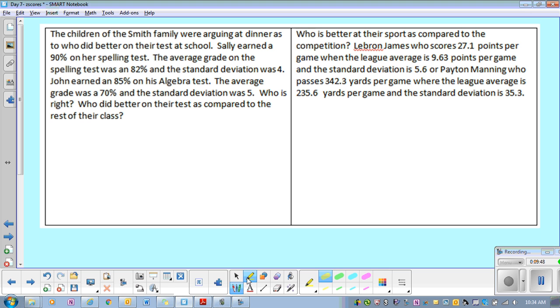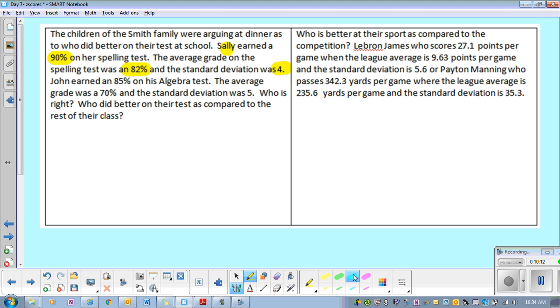It says the children of the Smith family were arguing at dinner as to who did better on their test at school. So Sally earned a 90% on their spelling test, okay? But the average grade on the spelling test was an 82, and the standard deviation was 4, right? I can just highlight.